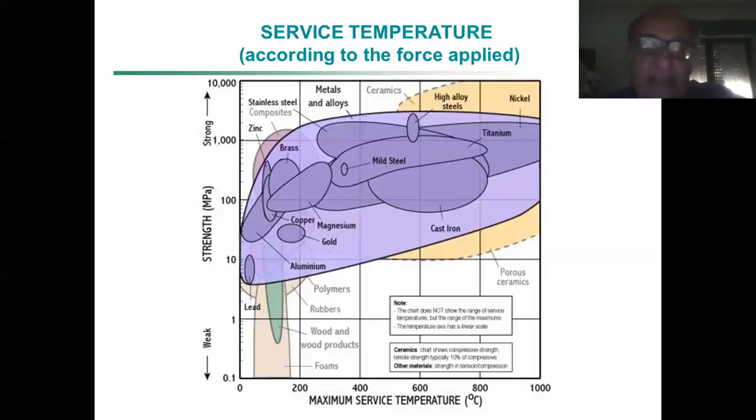I don't see tin, but tin is also in that area. Anyway, then you have areas which are very large for mild steel, cast iron, and so on, and you see that also the strength is much more considerable.